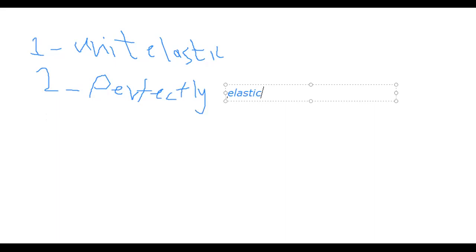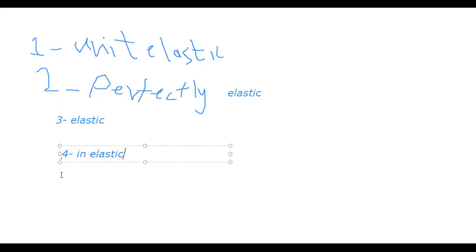For the third case, we have elastic. This is 4, inelastic, and 5 is zero elastic. So as we see, we have 5 cases and we will have them in our examples.